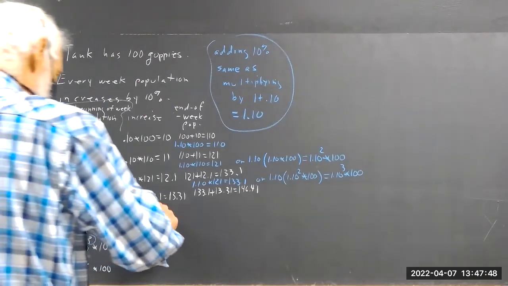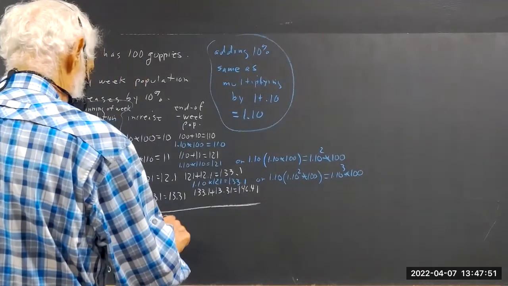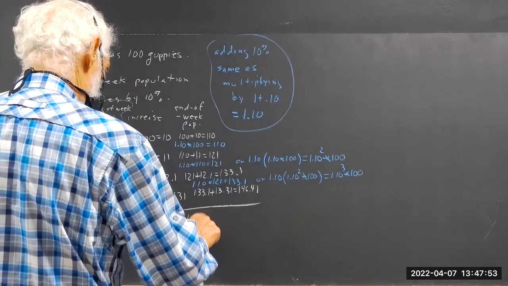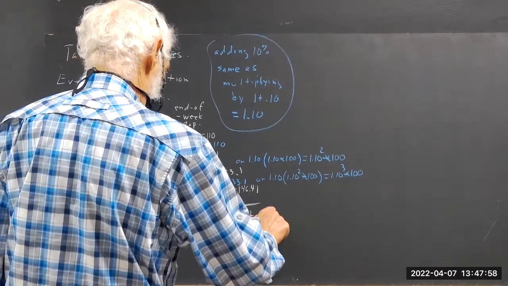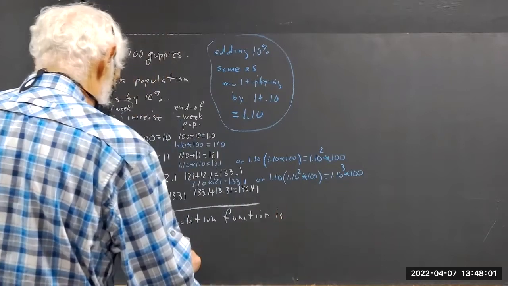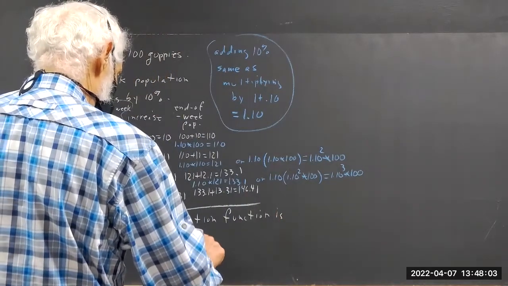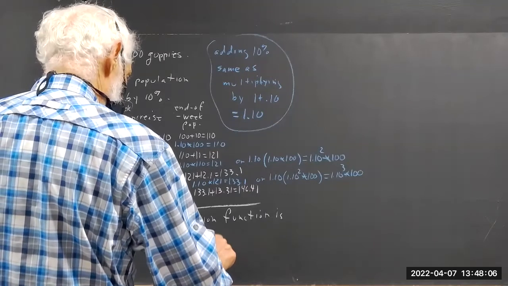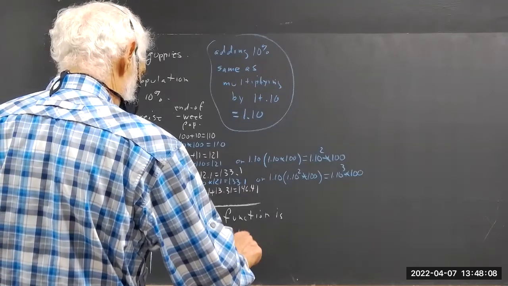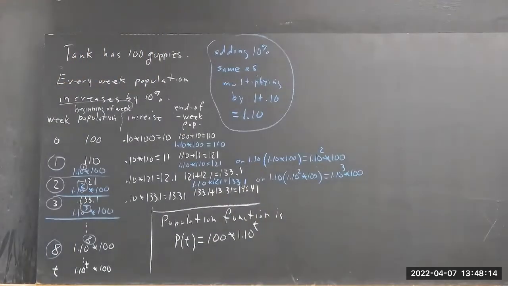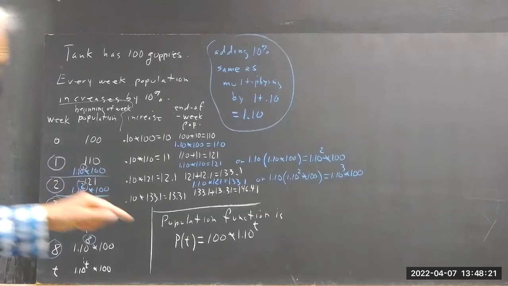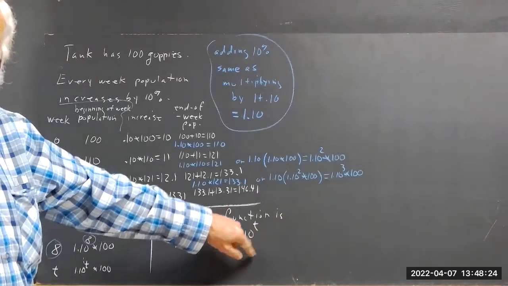So our population function is, I'll say P of t equals 100 times 1.10 to the t. It means after t weeks, we will have multiplied by 1.10 t times, which means we multiplied by 1.10 to the t.